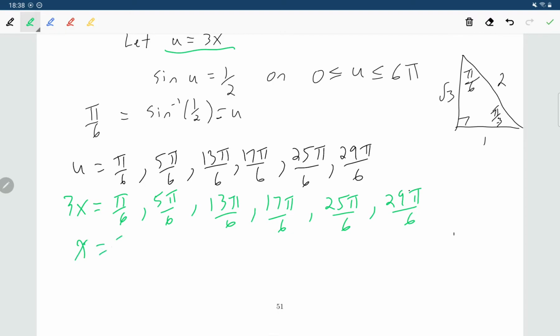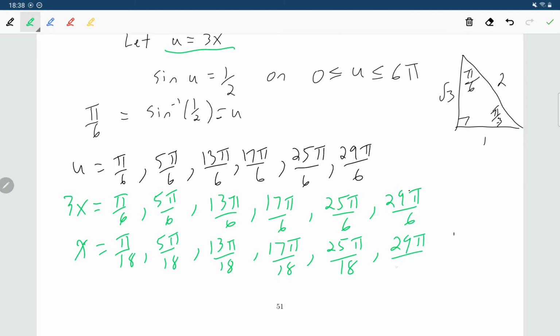So x is pi over 18, 5 pi over 18, 13 pi over 18, 17 pi over 18, 25 pi over 18, and 29 pi over 18. So our solution set here contains 6 different solutions.